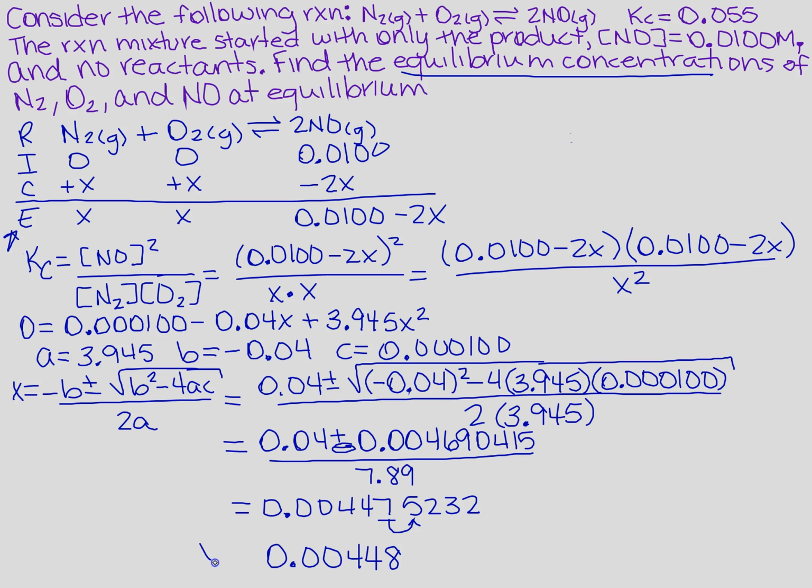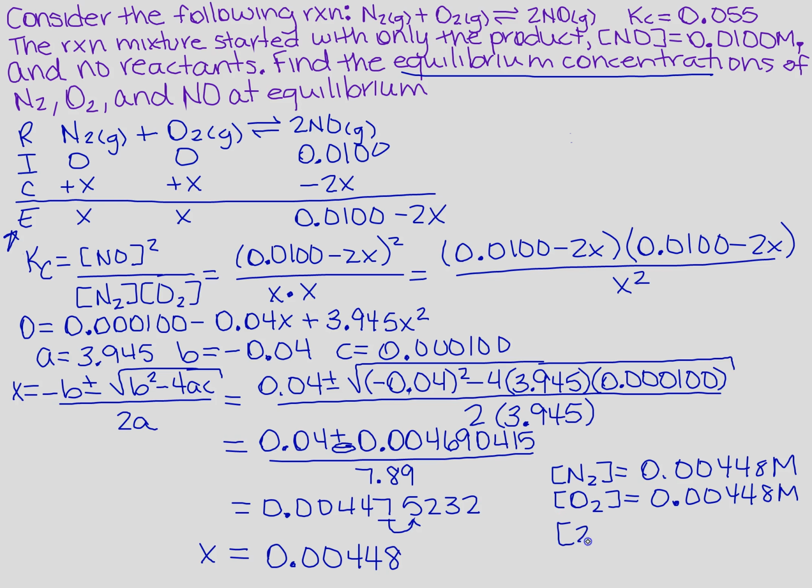Okay, now that's the value of x. Remember, so this is what x equals. Well, what did x equal in the problem? Well, that was my concentration of N2 and O2, so I can write that as the concentration of N2 is going to equal 0.00448. Make sure you put the molar on there. And we know that the concentration of O2 is also the same. So I'm going to write that as well. Now, once you have that, what are we missing?